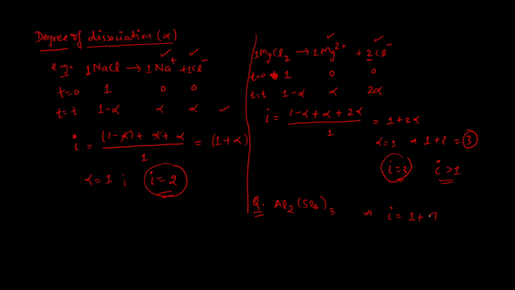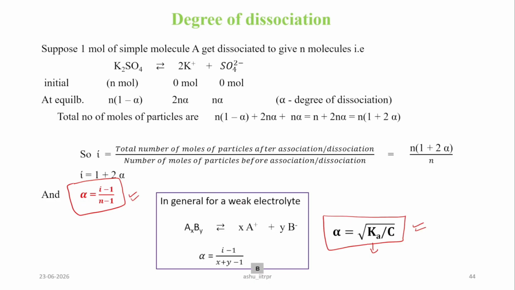You can calculate. This would come out to be 1 plus 4 alpha, and when you take the degree of dissociation to be 100%, then alpha is equal to 1. So i should come out to be 5, because it is always greater than 1. In this way we can calculate i for everything.